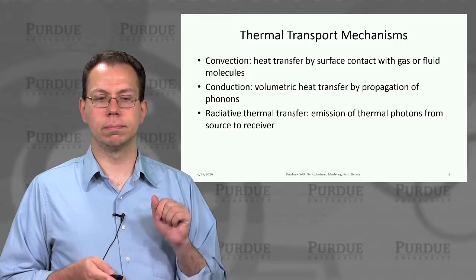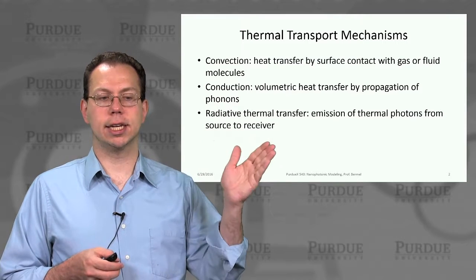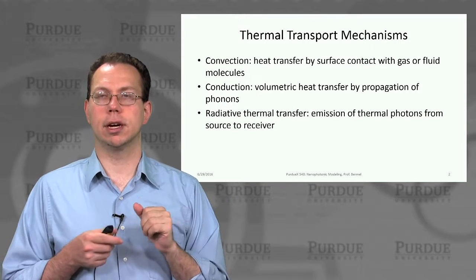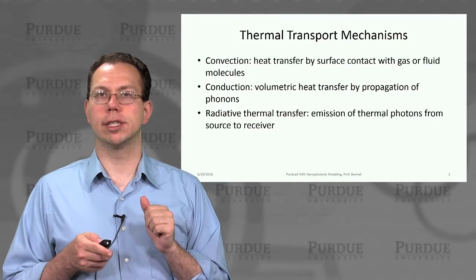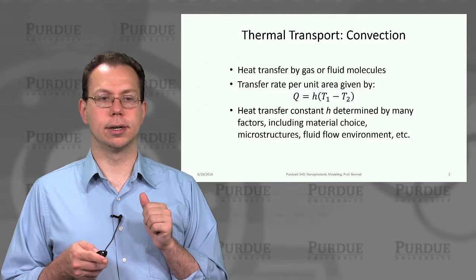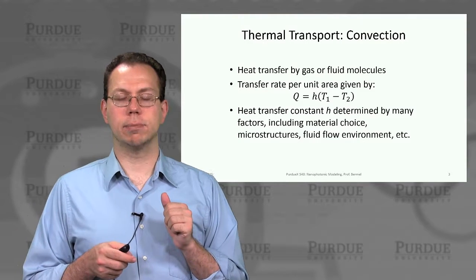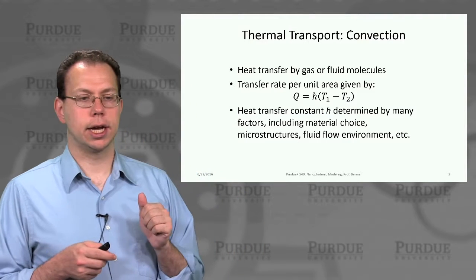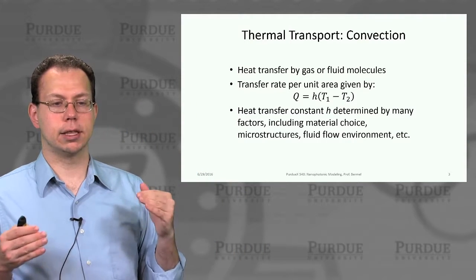So basically, that's an example where the source is the sun and the receiver is your skin. But of course, there could be all kinds of different sources and receivers in practice, and we'll talk about other examples later.